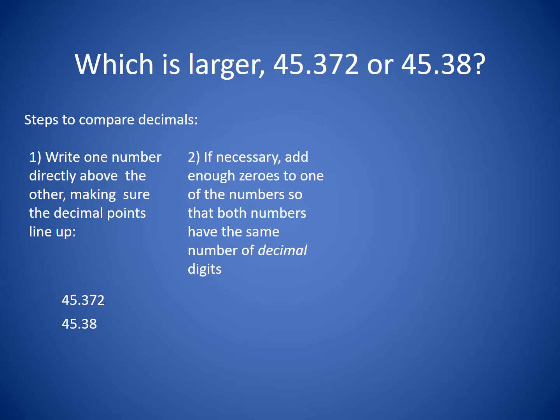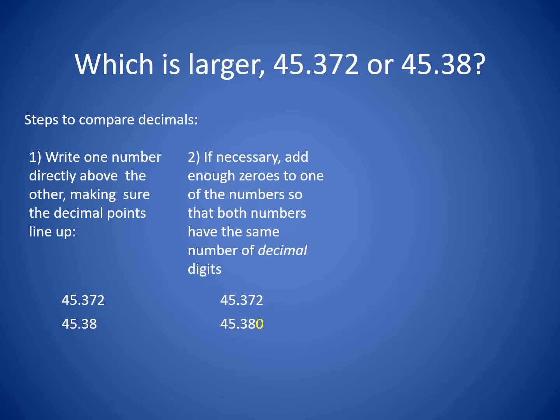But the 45.38 only has two decimal digits, the 3 and the 8. So I need to add zeros so that they both have the same number of decimal digits. In this case, I'm just going to add one 0 to the 45.38. So now both numbers have three decimal digits.